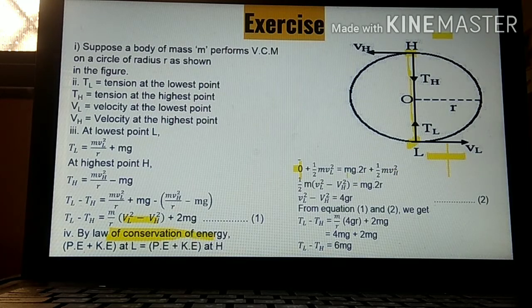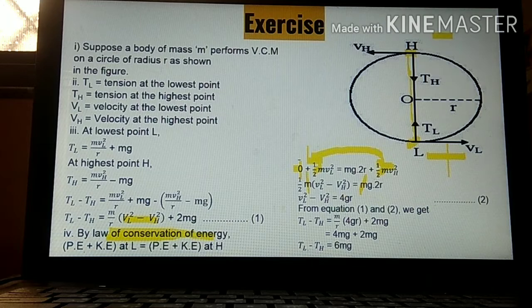We take this term over here, so it becomes minus, and we can take half m common. So half m (vl square minus vh square) is equal to mg2r. m and m get cancelled, and we are left with vl square minus vh square is equal to 4gr.